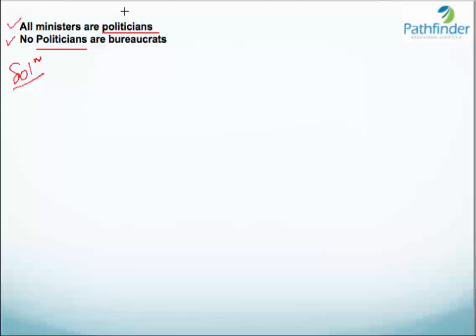In the first statement, which is a universal affirmative statement, politicians appears in the place of property, and therefore in the first statement politicians, the middle term, is not distributed. But in the second statement, politicians, this is a universal negative statement, and in a universal negative statement, both the subject and the property are distributed.